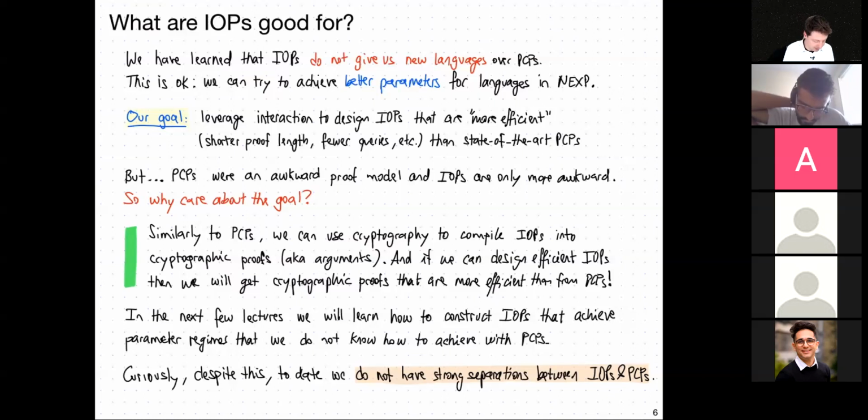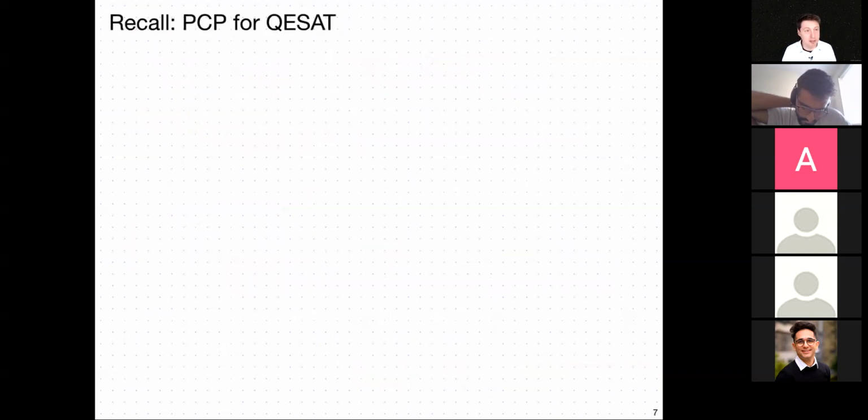Great. Okay, so let's continue. Now here is the point where there was an explicit dependency between this lecture and Tom's lecture.